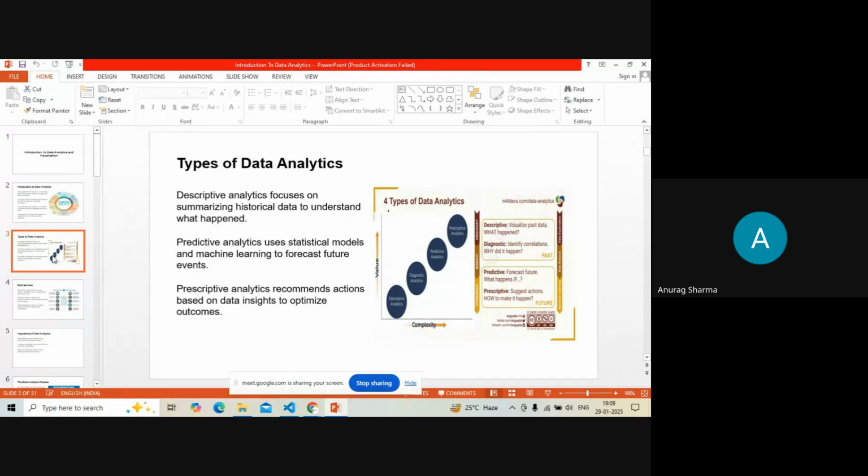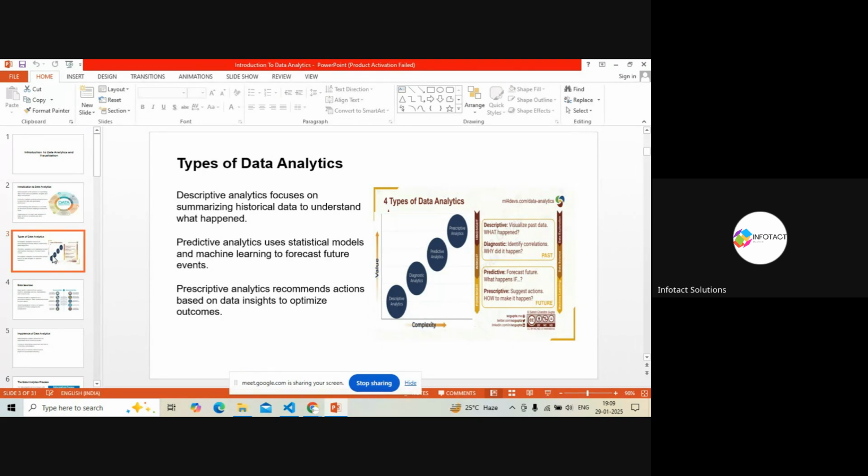Descriptive is about describing the current scenario, and predictive is about predicting the future scenarios and trends, I guess. There is descriptive, prescriptive, predictive, then another one is diagnostic.